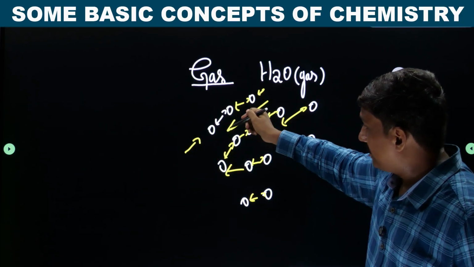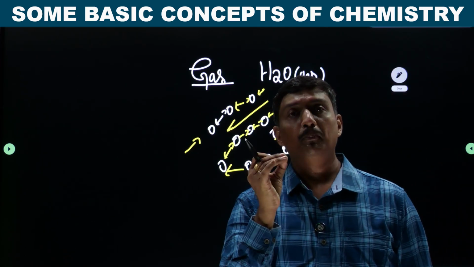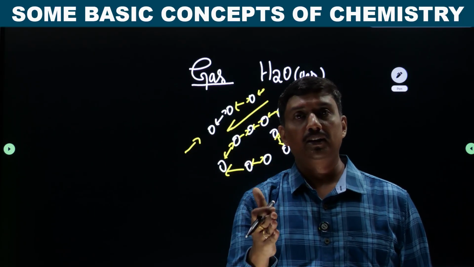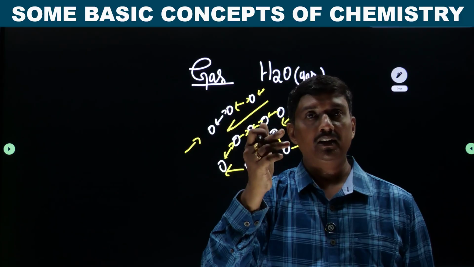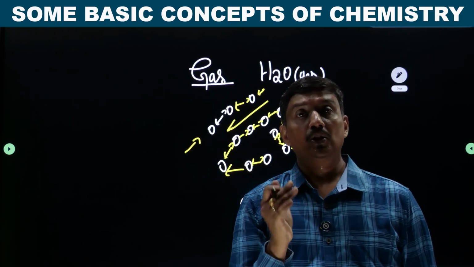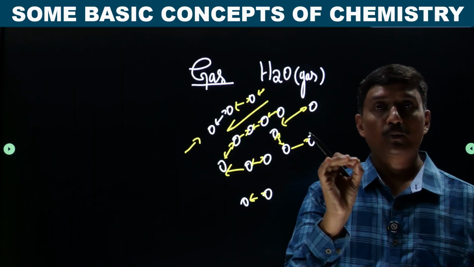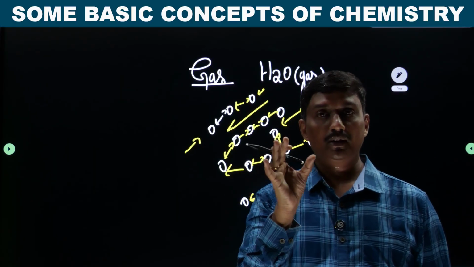So, based on the arrangement at the molecular, microscopic level, we are classifying the state into solid, liquid and gas. The major difference among all three is intermolecular force of attraction and intermolecular space.